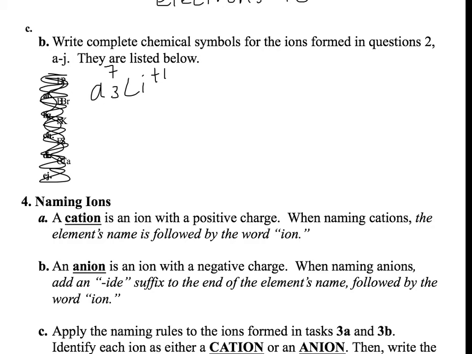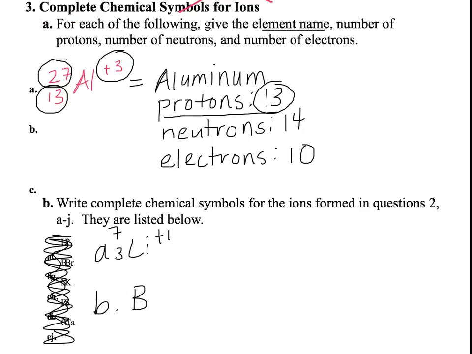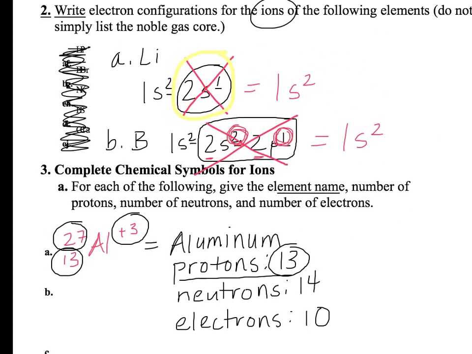Now we're going to look at the second one, which is boron, the one we did together. If you go back up to the first part, and we look at boron again, boron lost more electrons from its second energy level. So again, we're right here. It lost 2 electrons here and 1 electron here.